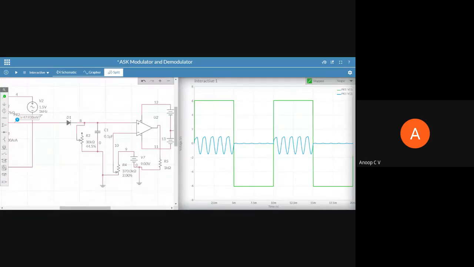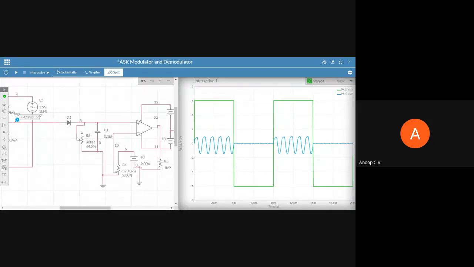It acts as a low pass filter. Based on the frequency of the modulated wave. Yes, frequency and discharge constant. Sagar has told frequency and discharge constant. Exactly, based on the time constant.